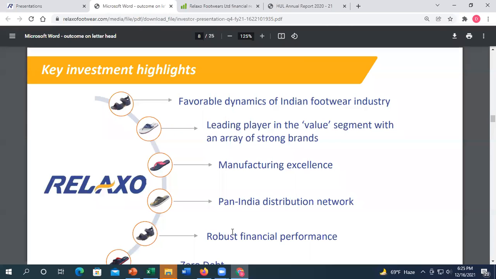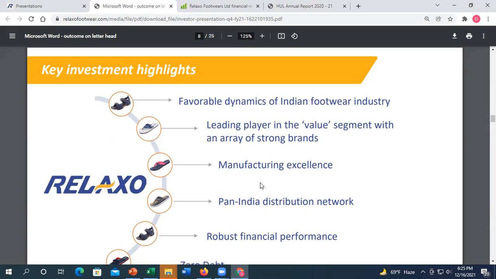So let me just pick up Relaxo. Relaxo Footwear is one of the favorable dynamics of the Indian footwear industry. This I picked up from the investors presentation by Relaxo management, one of the latest presentations. They are the leading player in the value segment with a large number of strong brands.